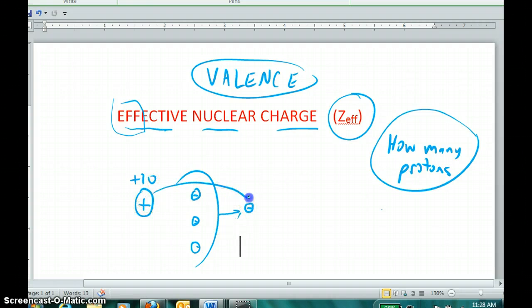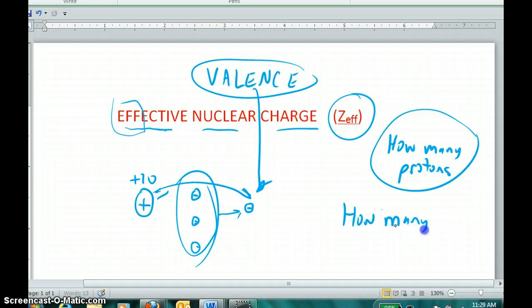And even if the nucleus is attracting it, the repulsion from these non-valence electrons, if this were an outermost valence electron, these would be non-valence electrons. That pull of the nucleus is reduced by these. So the number of non-valence electrons can reduce the effect of the nuclear charge.